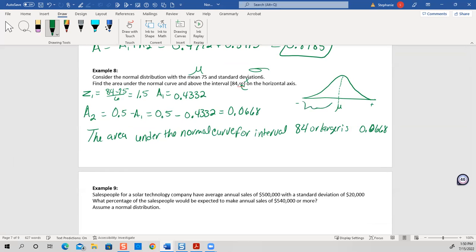This and this add up to 1, or 2, or 3, depending on what the standard deviation is. So if I am factoring the area for one side, then I factored the area for the other side. So if we're looking for the missing piece, this is where we took half of it, because we were considering half of the area in one calculation.